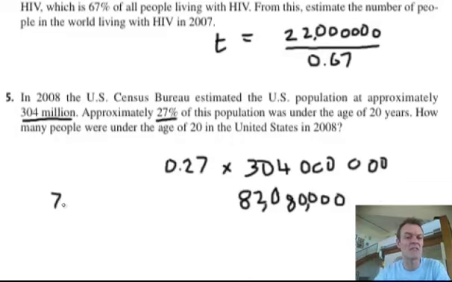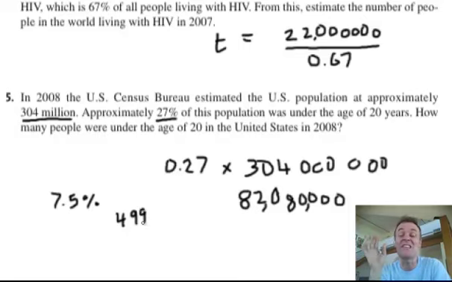If sales tax is 7.5%, you go out and buy yourself a brand new iPad, it's $499. I want to know what the sales tax is, what's 7.5% of $499.